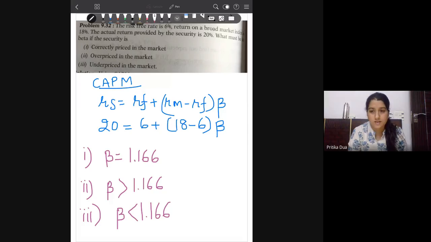Okay, yes, please make that correction. I'm sorry, I put the opposite signs. So now it is corrected. For overpriced, the beta will be more than this value, and for underpriced, the beta will be less than this value.